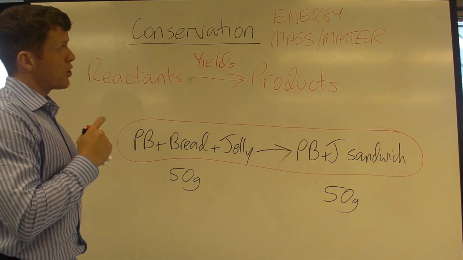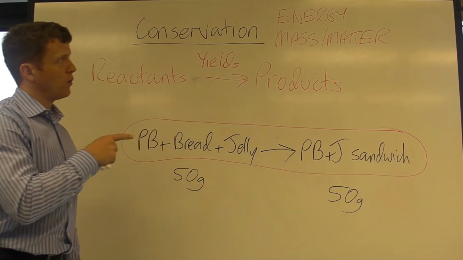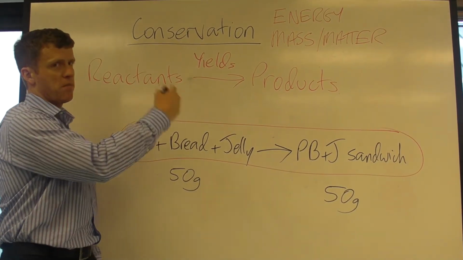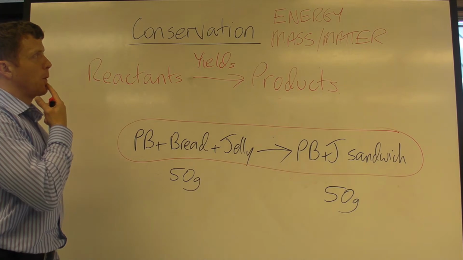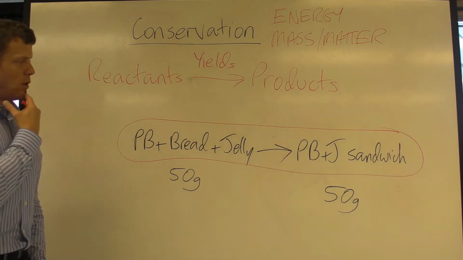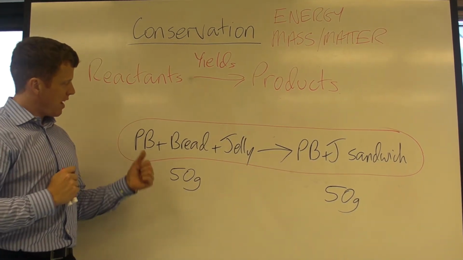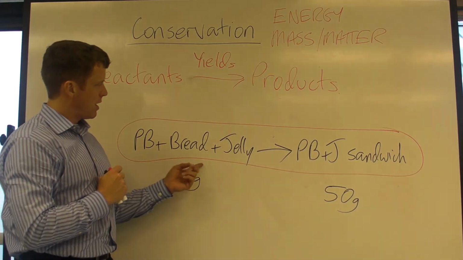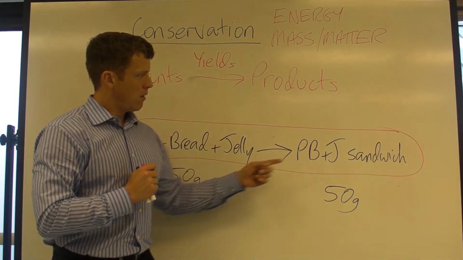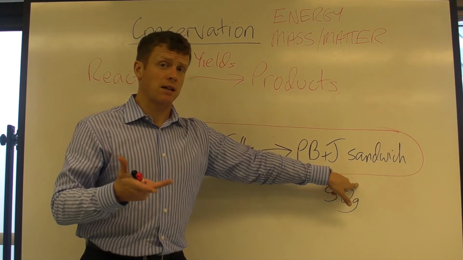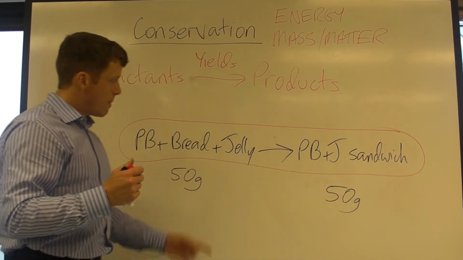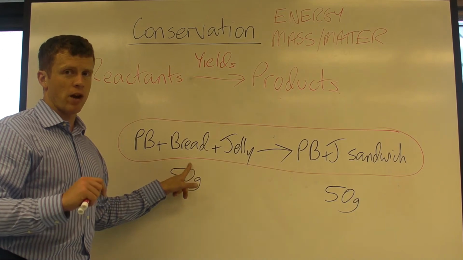So then the conservation of matter law is involved in the first law of mass, because obviously all matter has mass. So the conservation of matter law, we apply that by saying, well, if we start with peanut butter, bread and jelly, we can only end up with a peanut butter and jelly sandwich. We can't end up with an egg salad sandwich or something like that, because we didn't start with it in our chemical reaction.